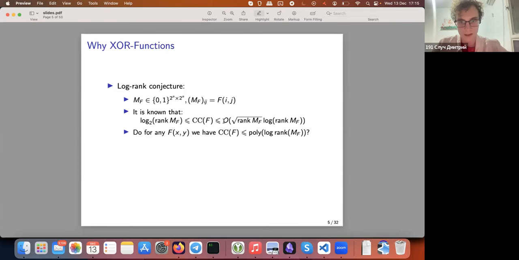So the question is whether there exists a logarithmic upper bound. And for XOR functions, we can apply Fourier analysis. We name Fourier sparsity of a function the number of its non-zero Fourier coefficients. And for XOR functions, the rank of the communication matrix is equal to the Fourier sparsity.